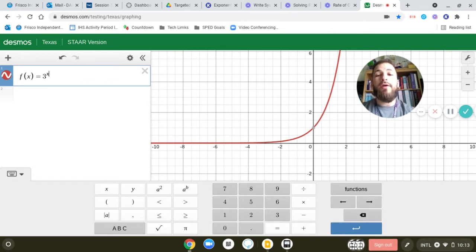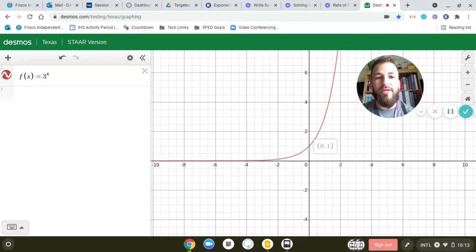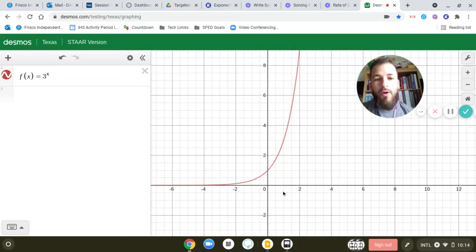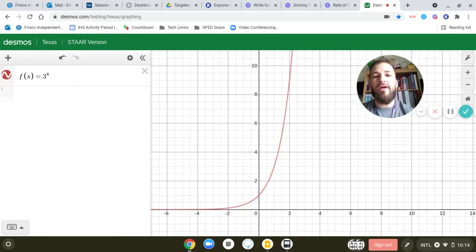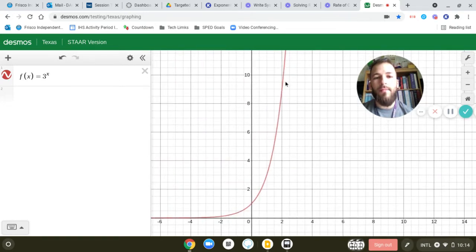Notice how it goes right through the point 0, 1. And it increases as we go left to right. It specifically increases by a factor of 3. If I go to an x value of 1, you'll notice that I'm at 1, 3. If I go to x value 2, I should be up at 2, 9, and so on and so forth.